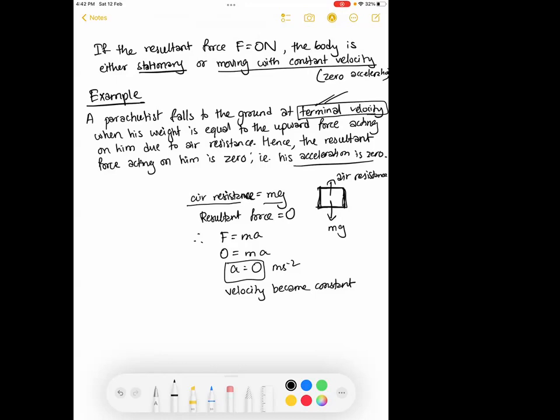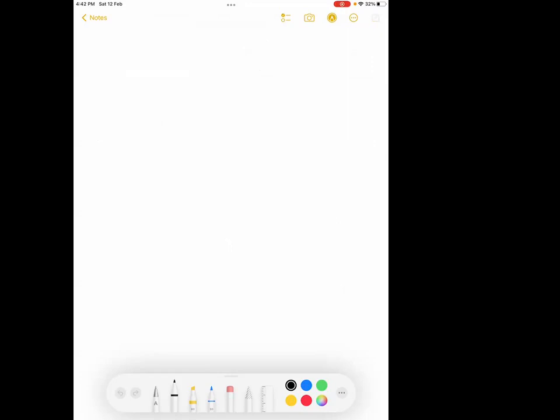Now friction. This is another sort of force that we will learn in detail. So what is friction?